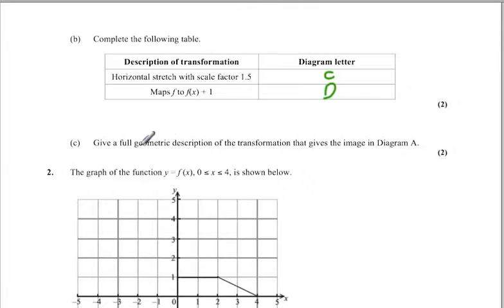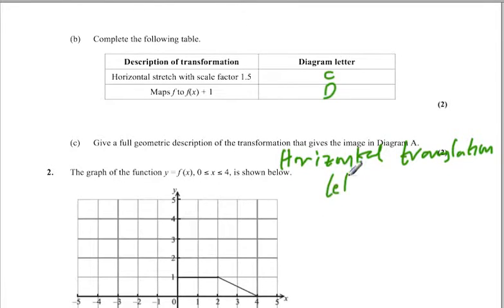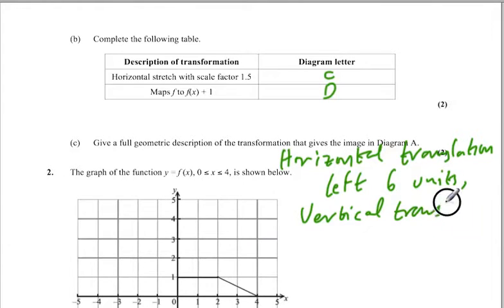So the full geometric description would be a horizontal translation to the left 6 units, and a vertical translation down 2 units.